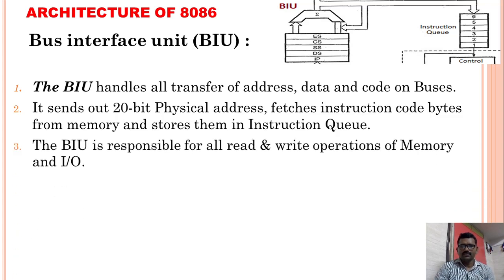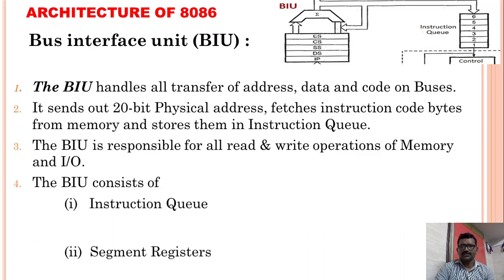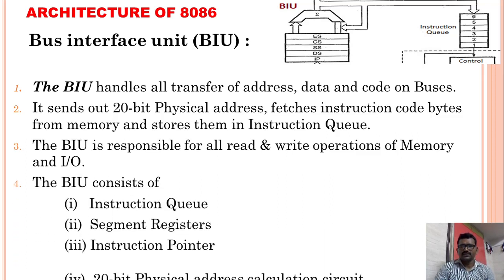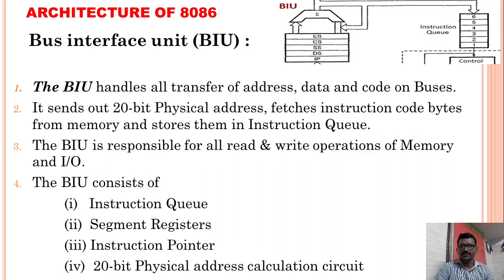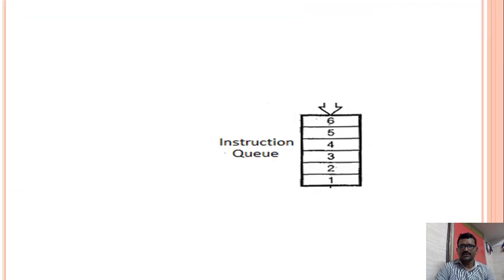Next, one of the responsibilities of the BIU is read and write operations of memory and IO. It will take care of read and write operations, that is, we call them the bus operations of the microprocessor. The BIU consists of the instruction queue, segment registers, instruction pointer, and 20-bit physical address calculation circuit.